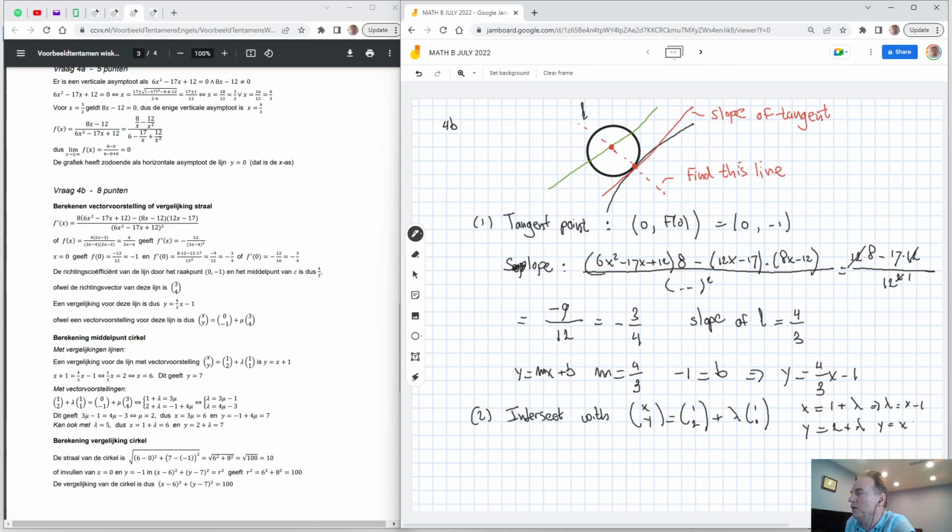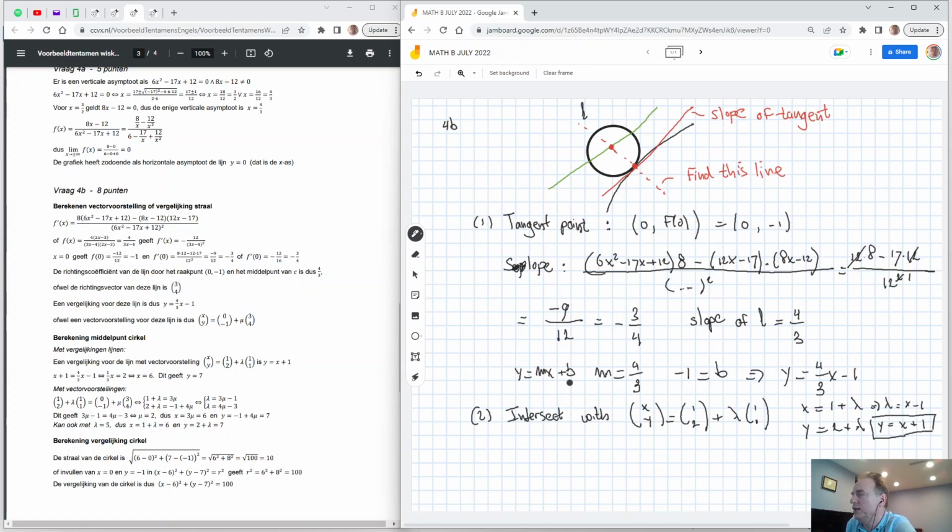So y equals x plus 1. You can see the slope is 1, which you could have already figured out from this direction vector. This is (1, 1), meaning 1 to the right, 1 up, so a slope of 1. And (1, 2) is on the line, which you can also easily see here.